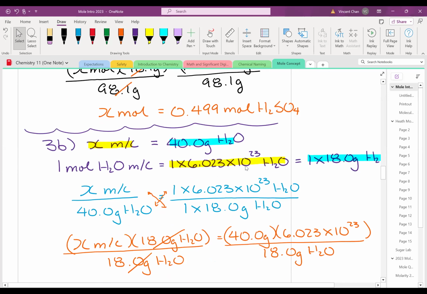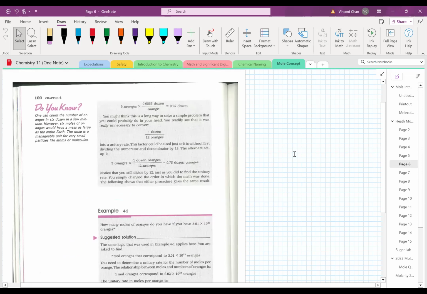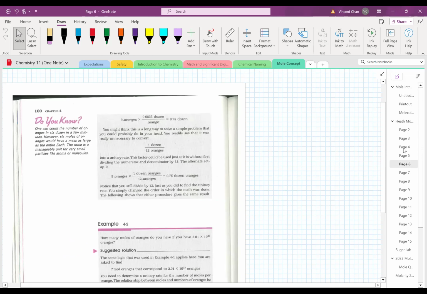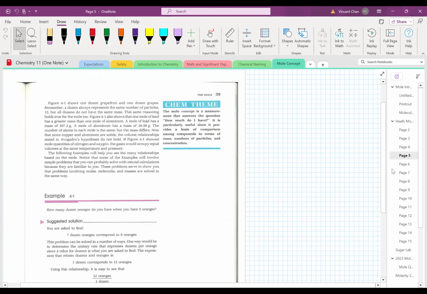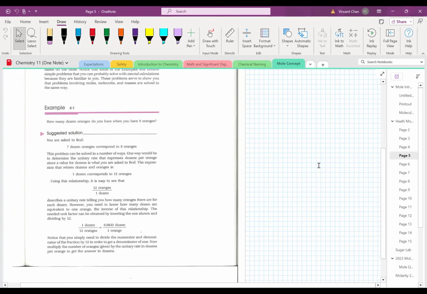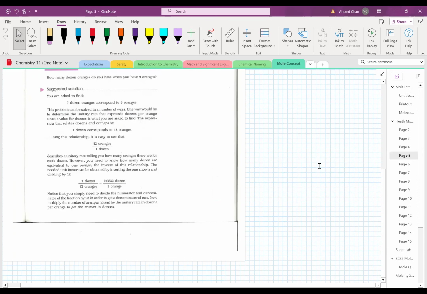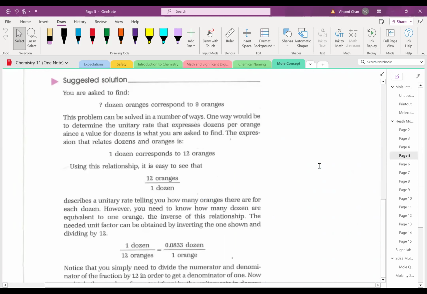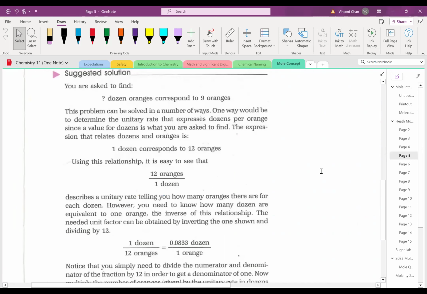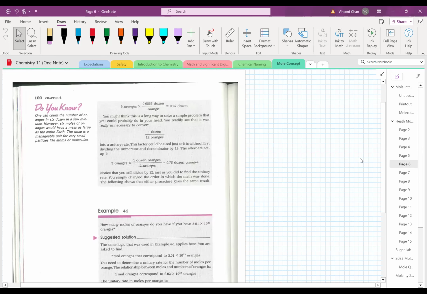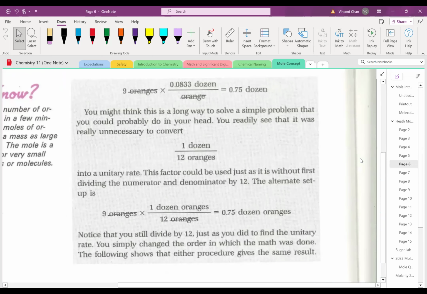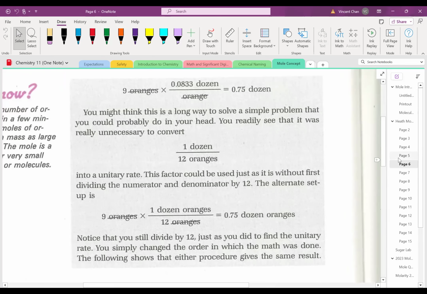Now, if you take a look at your Heath chemistry textbooks, they give you a bunch of examples. On page number 99, notice they give you the same idea of using ratios, but how they do the question is by canceling out the units.